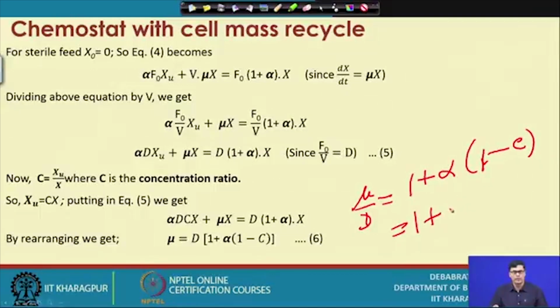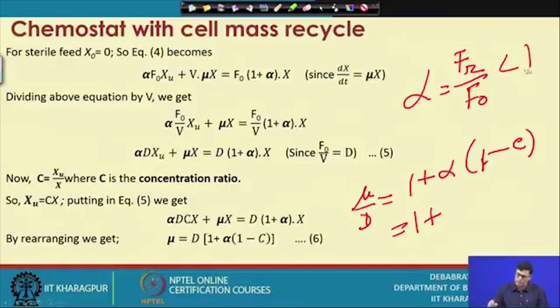Alpha is the recycle ratio, FR recycle flow rate by F0, and this is usually less than 1, because the recycle ratio should always be less than 1. So, let us assume it is 50%, 0.5, and I told you C should always be greater than 1.